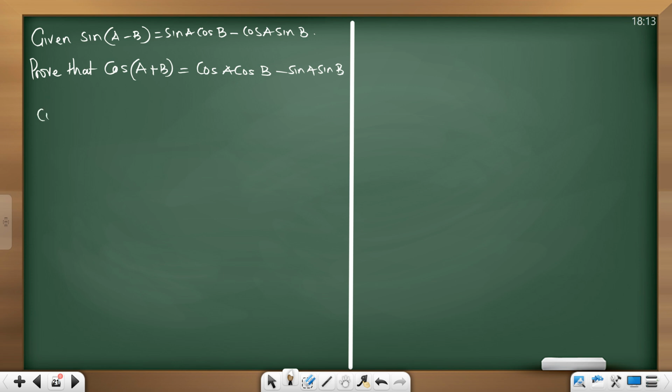I have to write cos(A plus B) as sine, so that I write it as what I am given. How do I change cos to sine? Co-functions. I have to say sine of 90. Here's the algebra. Please look at my algebra. 90 minus the whole thing.